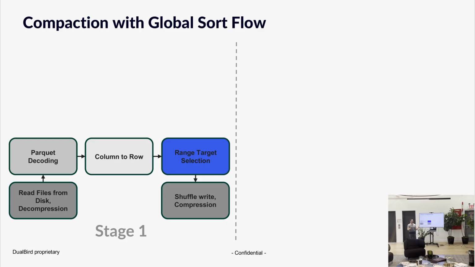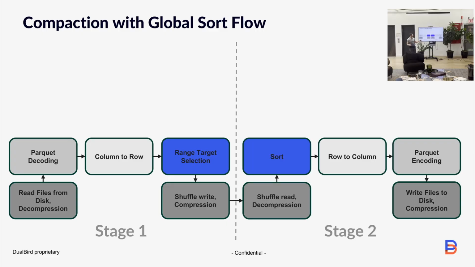For each row, we calculate which range it belongs to, and then we write what is referred to in Spark as shuffle files. So you do a shuffle write, and compress them so that at the other side of the shuffle, you can read them, and now they will be partitioned the way you wanted, in ranges that you can sort.